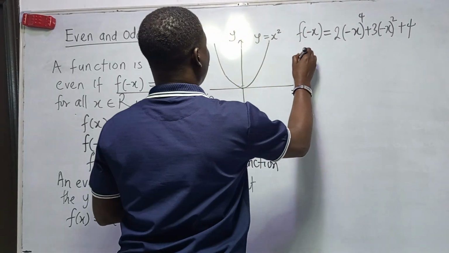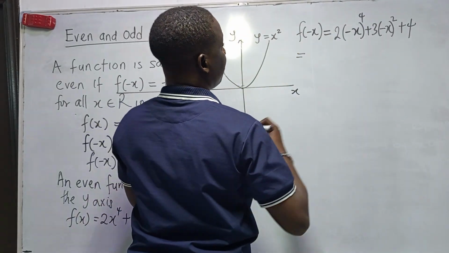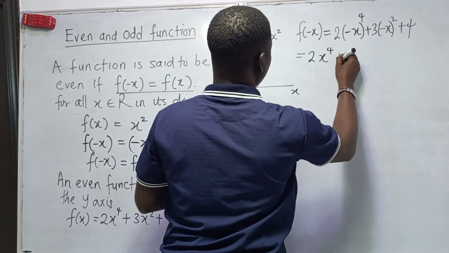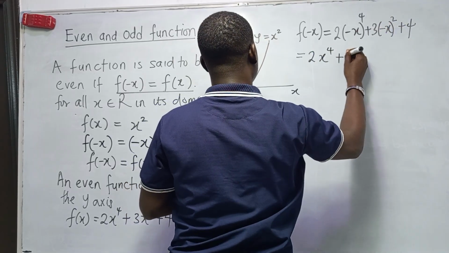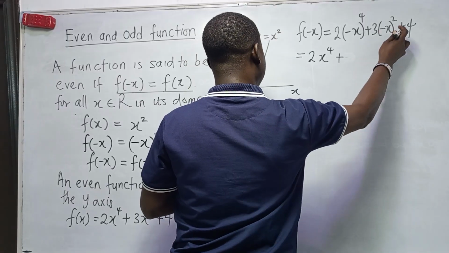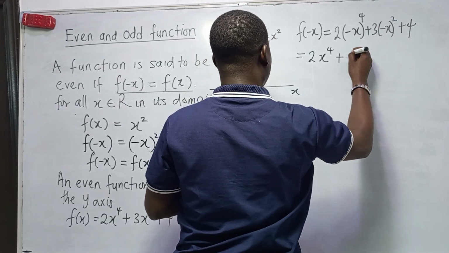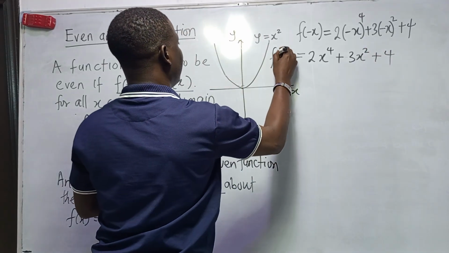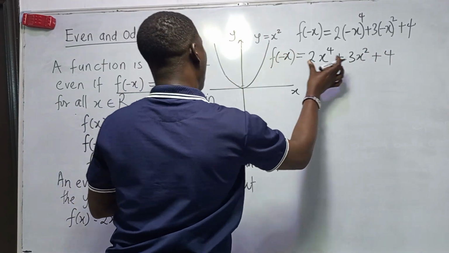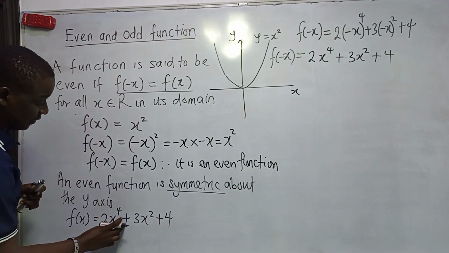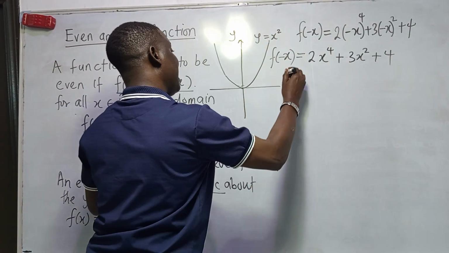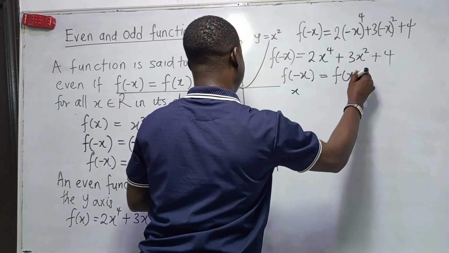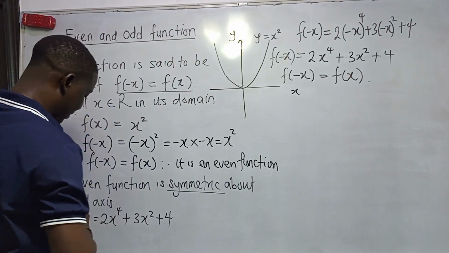Minus x raised to power 4 is x raised to power 4, and minus x all squared is x squared. Since this one is giving us what we were given originally, that means f of minus x is equal to f of x. So that one is clear now.